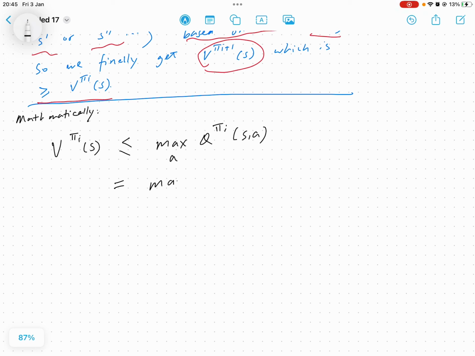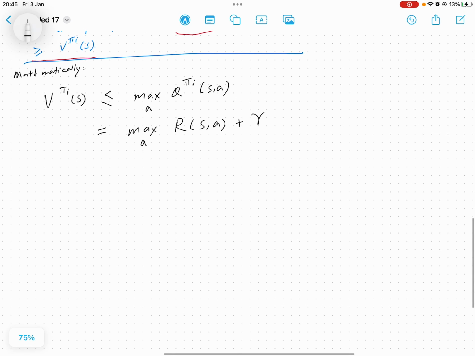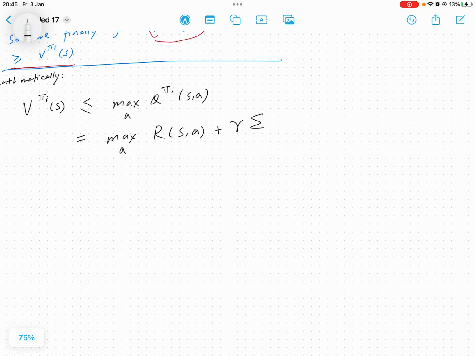That will be the max over this A of the immediate reward R(s, A), plus gamma, the discount factor, times the summation over some S prime state, with our Markov transition probability P(s' | s, A), times V pi I of S prime. If you are not familiar with this, you can refer to the Bellman equation or the previous videos, and this is not difficult.